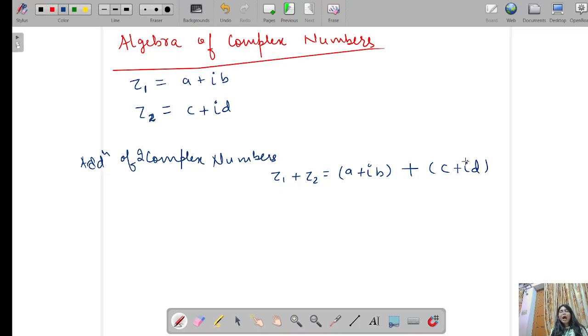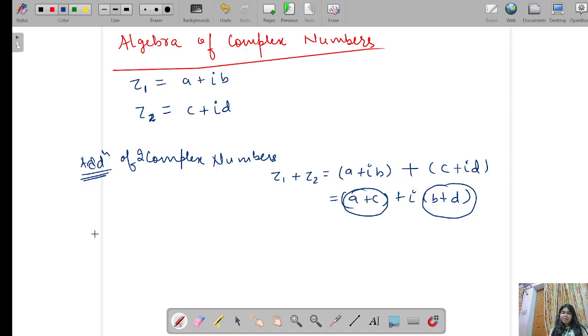Now if I want to add these, I can only add the real part with the real part and the imaginary part with the imaginary part. I can write it as this. This is the real part of z1 plus z2 and this is the imaginary part of z1 plus z2. I have done the addition part.